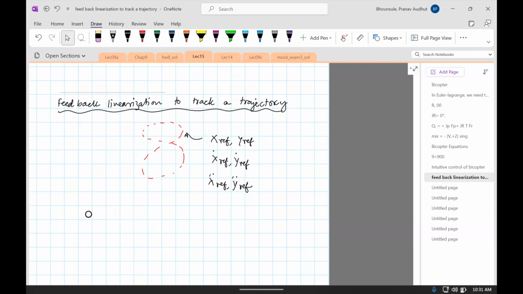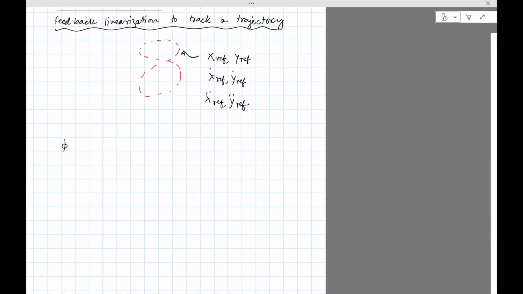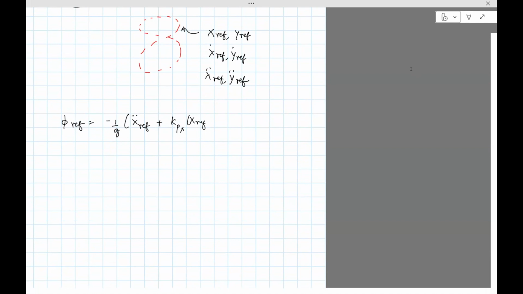So the way feedback linearization is set for this problem is you set phi ref as minus 1 divided by g times x double dot ref plus kpx, I call it kpx, times x ref minus x, plus kd times x dot ref minus x dot.